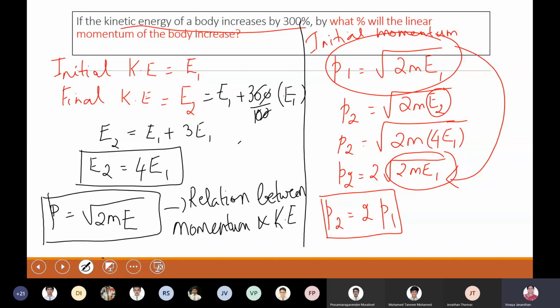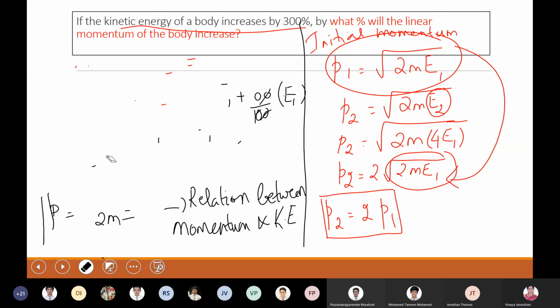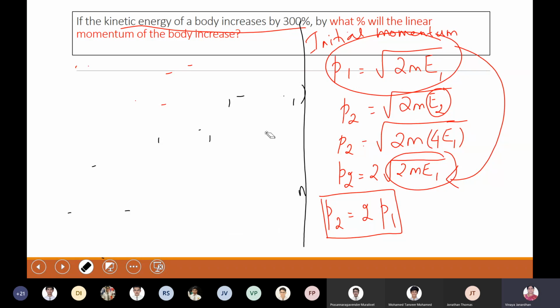If you have completed the first part, I'm just erasing the first part. So next one is change in momentum.